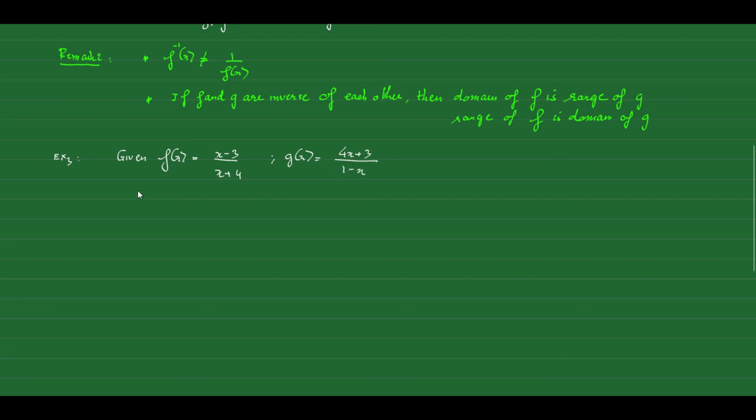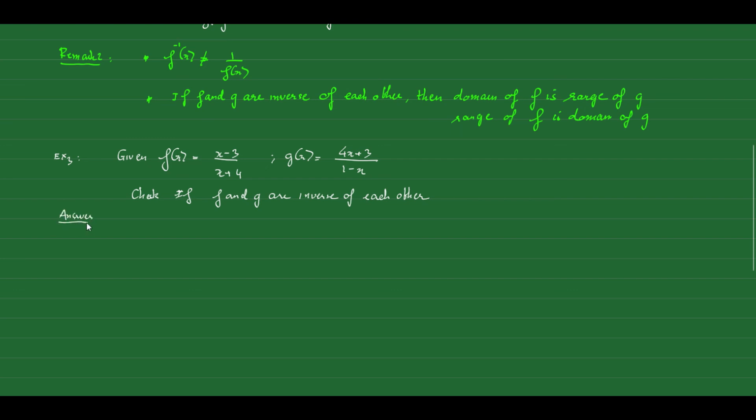Let's check if f and g are inverses of each other. We're going to do it the same way as in example 2, composing those functions together. So let's compose f to g first.